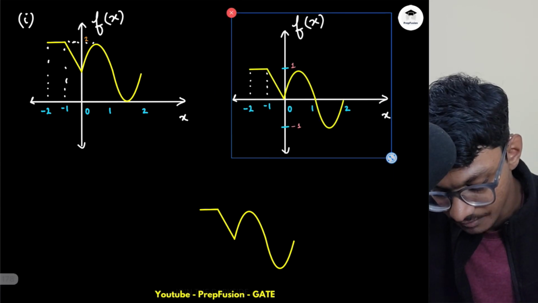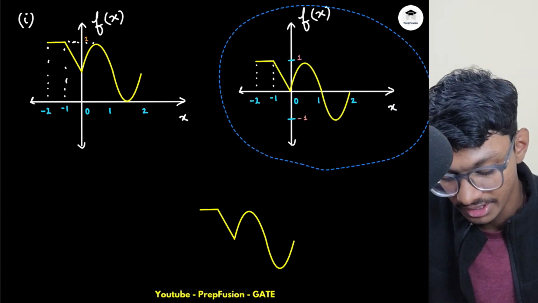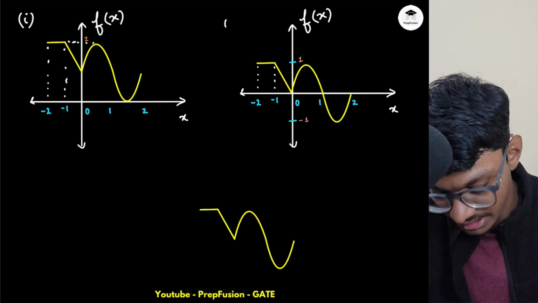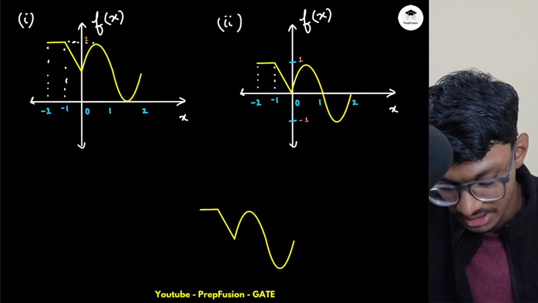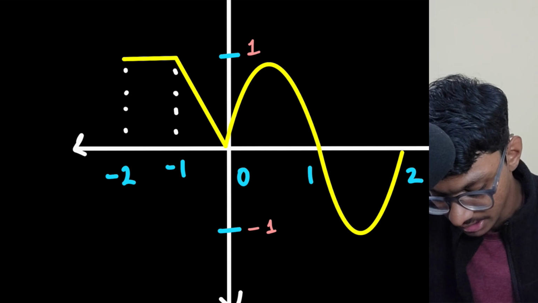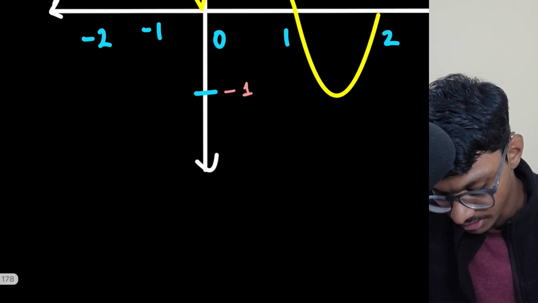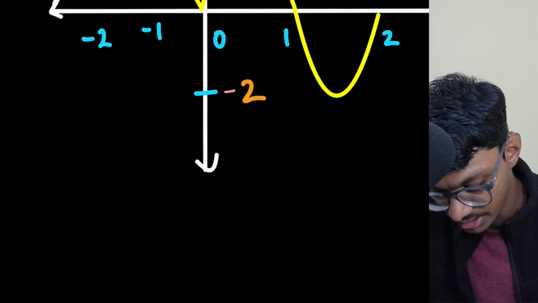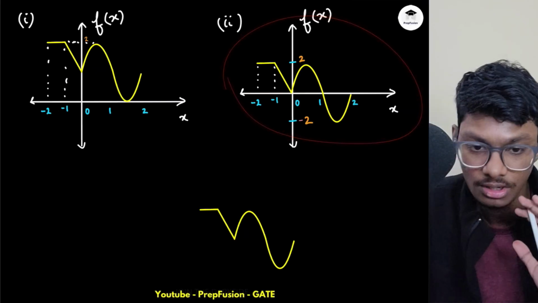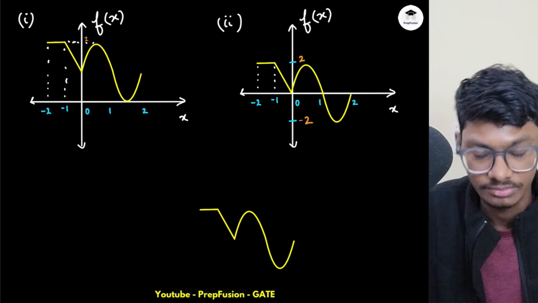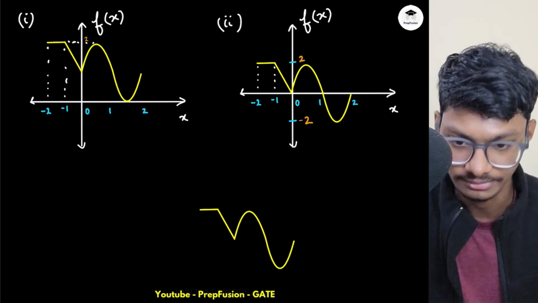I will just change the y values, because they are getting scaled. The shape of the graph will remain the same, just the y values are getting scaled. I'm multiplying 2 with this, so this will become 2 and this will become minus 2. Everything else will be the same because the shape is the same, just the maximum upper and lower limits are changing because I'm multiplying the y values.